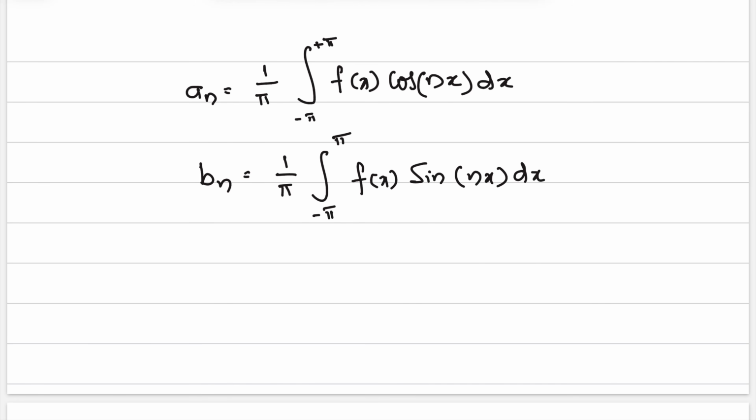Now, let us take one by one. What is written in A0? Let us calculate A0, An and Bn, and we will put it in the formula. Then we will go for the total function x.